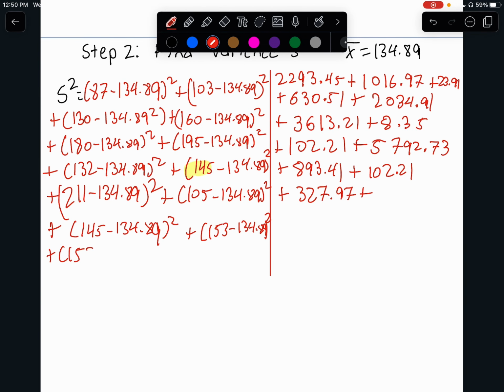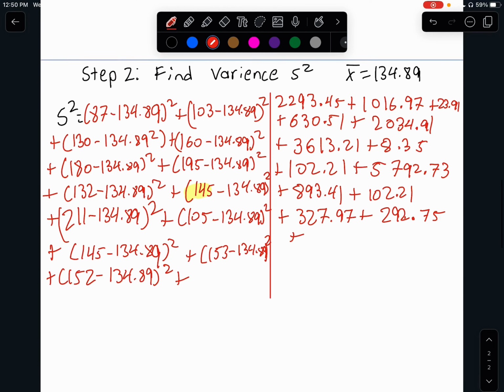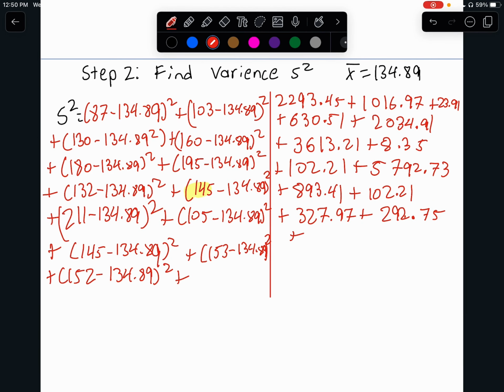You see how this gets a little bit time consuming. So 152 minus 134.89 to the power of 2 equals 292.75 plus, as we go down, is 138 now.